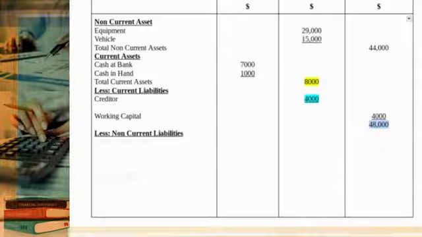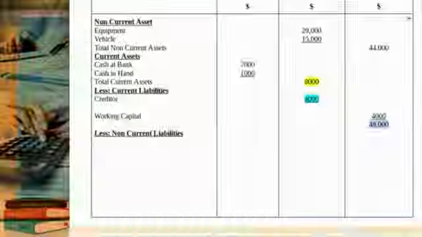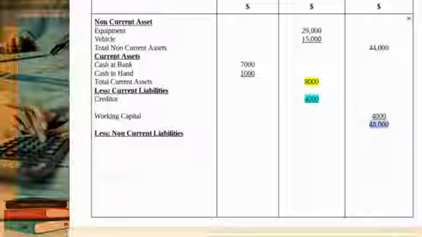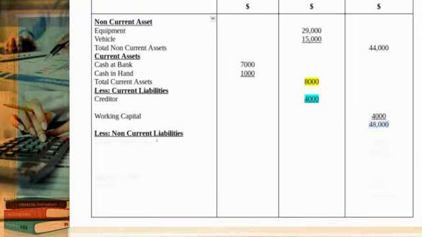So if you don't see a non-current liability provided in the question, don't stress yourself trying to find one. Just move right along to the owner's equity. But seeing that in this question a non-current liability was provided, we're going to include it right here. So that's the bank loan.